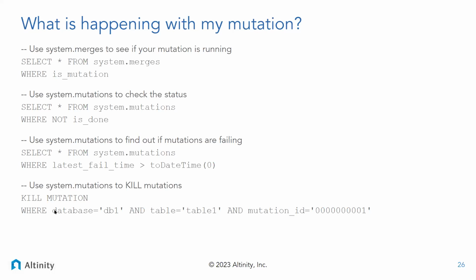If there's a match, it will stop it. It won't stop right away, because ClickHouse may take a little bit to notice it, but it will eventually get killed, unless there's a bug. Every now and then something doesn't want to get killed, but those cases are pretty rare.